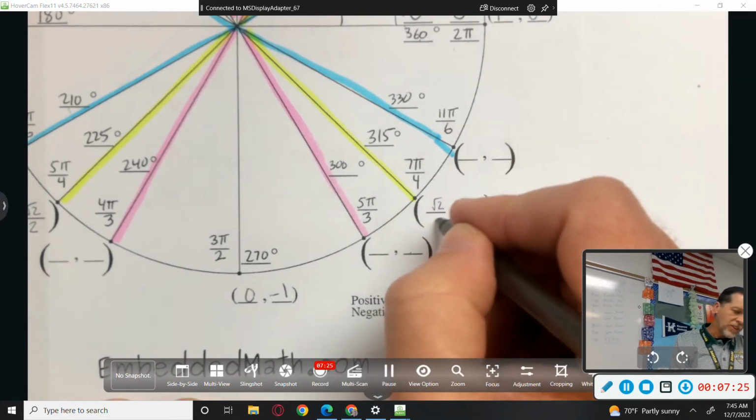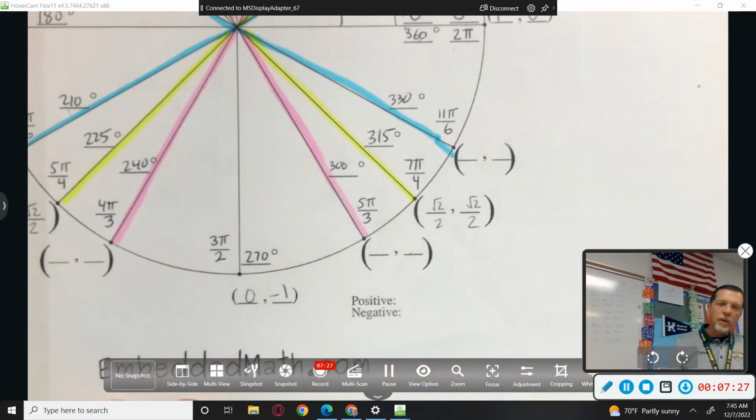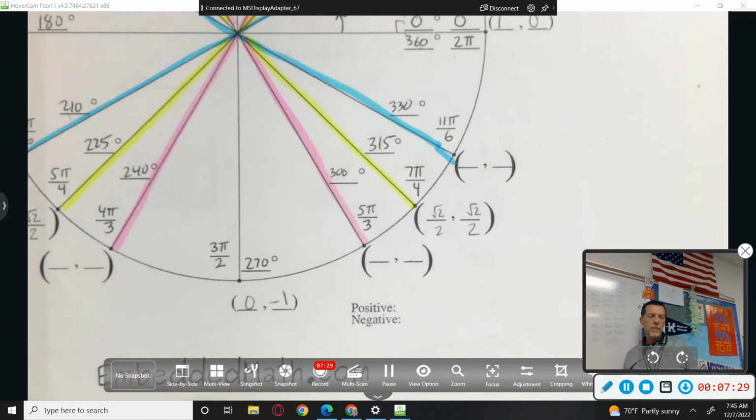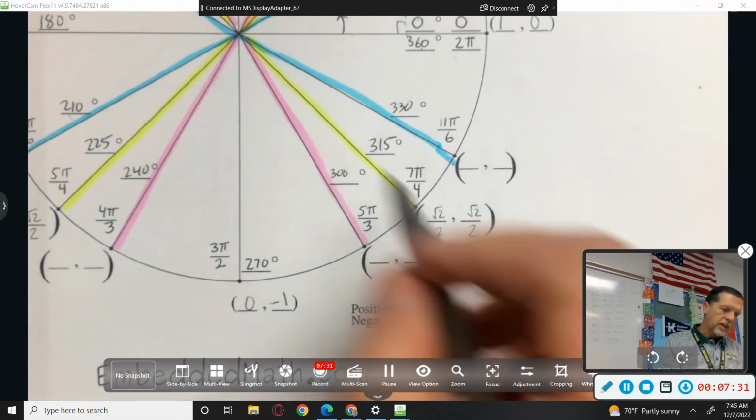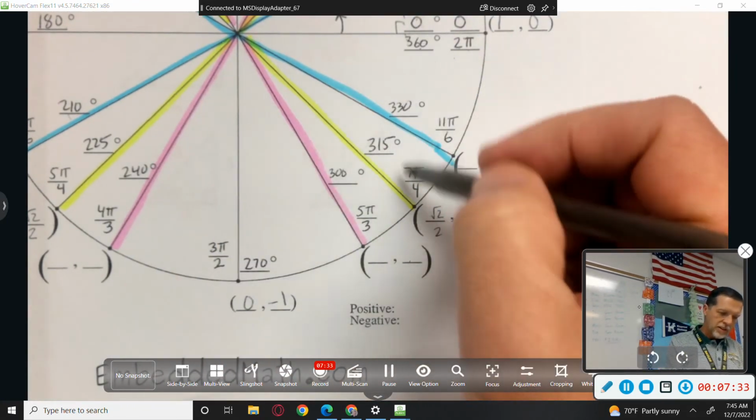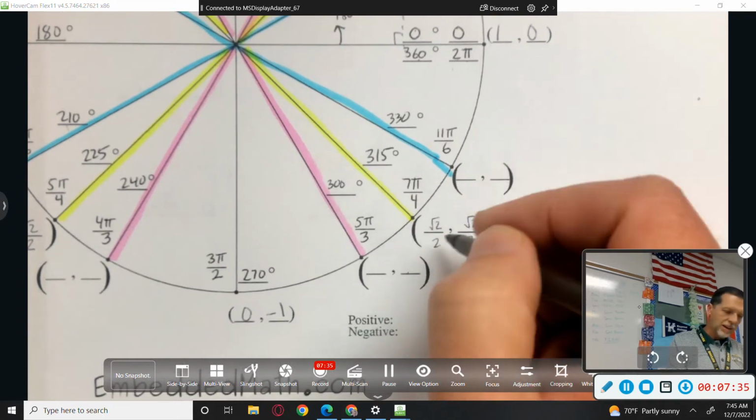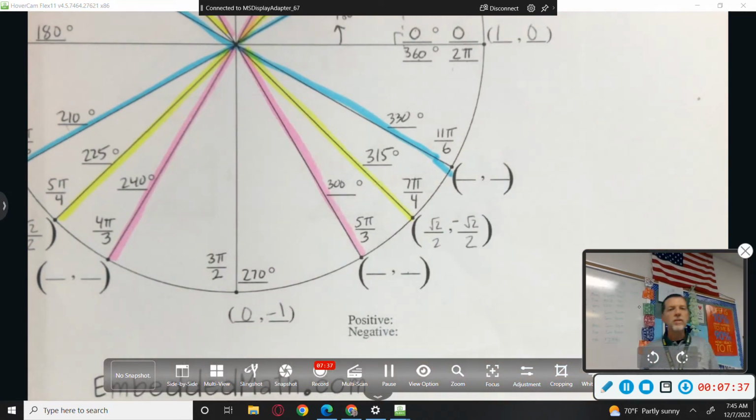Again, the side lengths are all root 2 over 2, but who's positive, who's negative? X is positive, and the y is negative. So there's all our pi over 4s. All the values are the same. You just have to worry about whether it's positive or negative. But that's not really hard because left is negative, down is negative. We're good with that, I think.